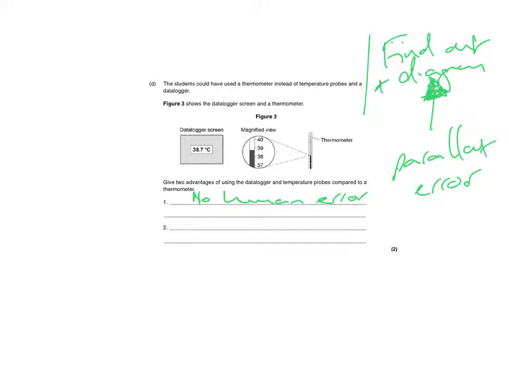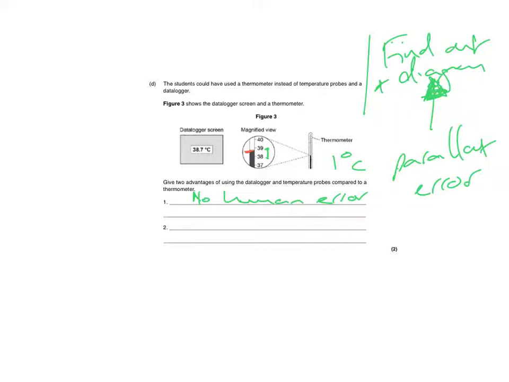The other thing though is resolution. This one here, I can tell the difference between 38 and 39 degrees, so only a change in temperature of 1 degree I can understand. Now this one here, if you look at it, I think that is either 39 or is it 38? It's halfway.